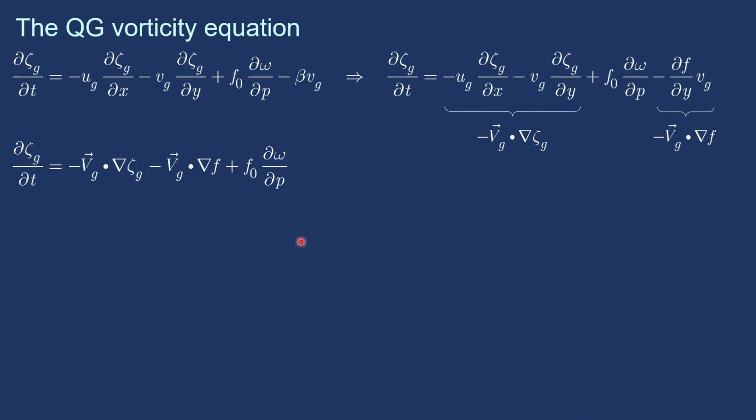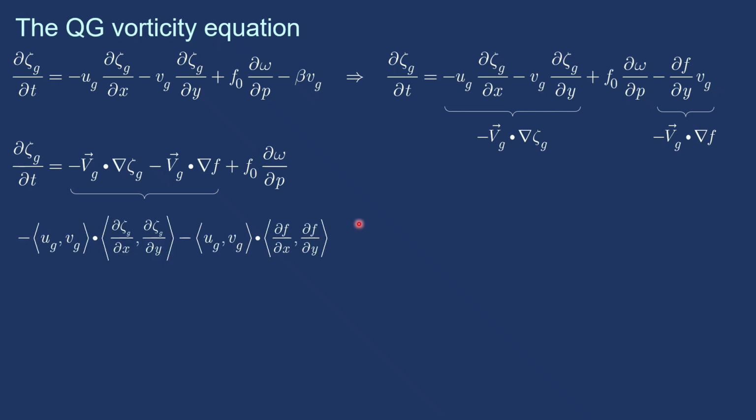And now we put these two dot products next to each other, and we have left over this F naught partial omega partial P term right here. And the very final thing we need to do to simplify this is to consider how we can combine those terms together. Here it is helpful to expand out and work out these dot products to see what falls out of this at the end.